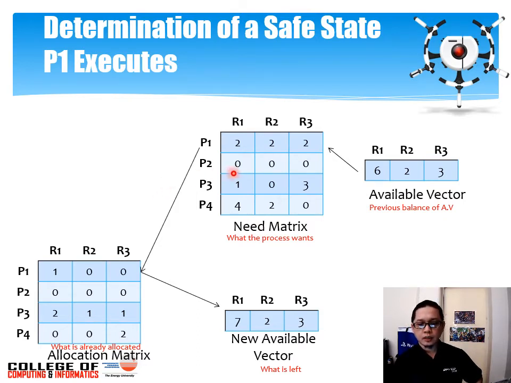The need matrix for P2 is already zeroed out, and the allocation matrix for P2 is also zeroed out, because once a process finishes, you cross out the finished process. So there are no more needs for P2 and no more allocation for P2. Remember, the allocation for P2 has already been returned to the available vector. That's why right now you have this many resources in your available vector.